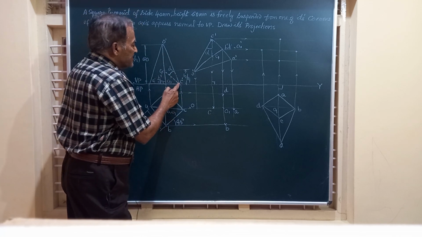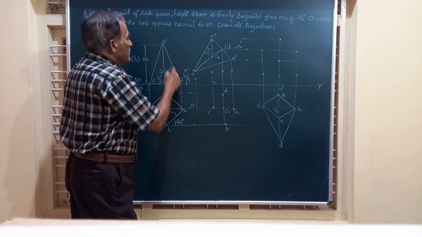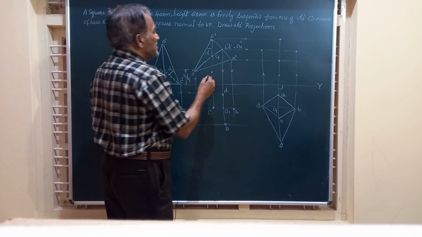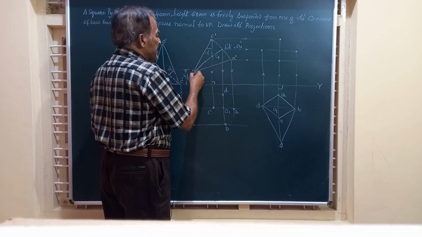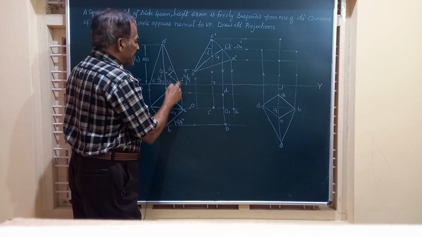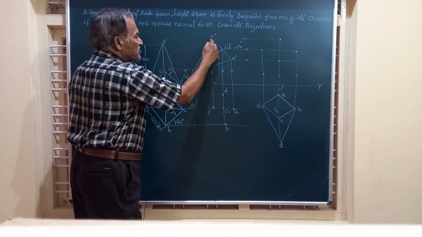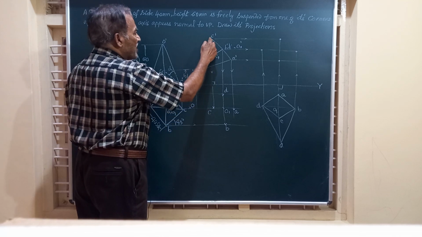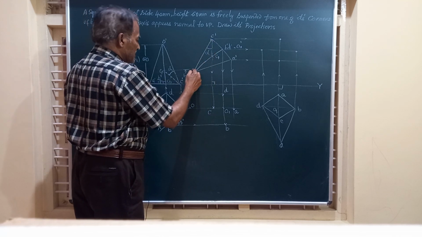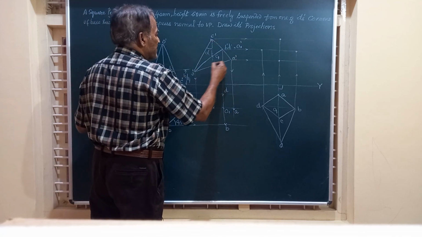Say this C dash G is making an angle of alpha with O dash C dash. So at this point C dash, I have written a line O dash C dash which is making alpha. So you have to just use this data and make that angle. Then friends, once you have this line drawn, you know what is the acute angle here. You can complete this figure.